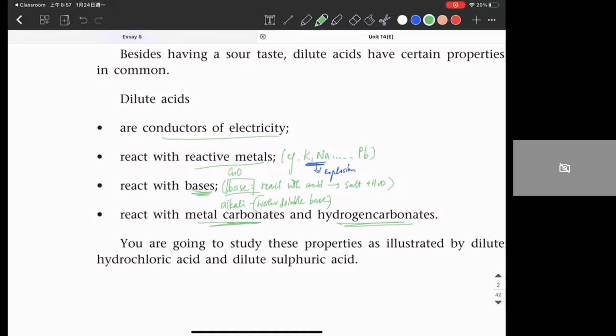Today our focus is to take a look at Activity 14.1. Sorry to say that we do not have the chance to do experiments, but let's watch the video.